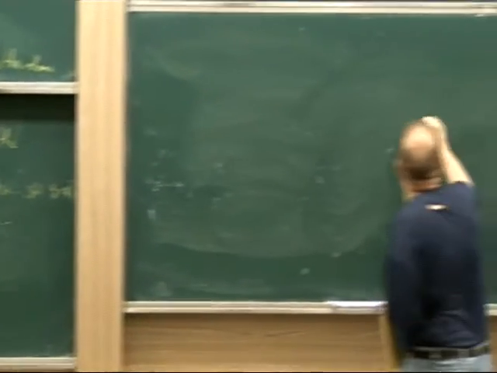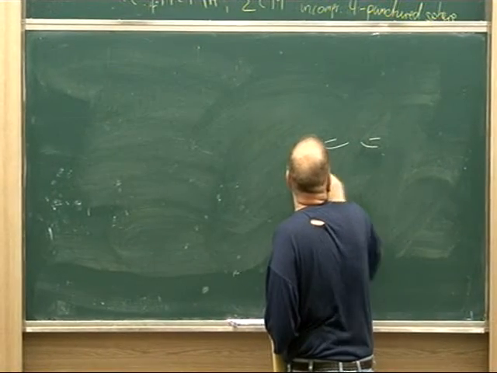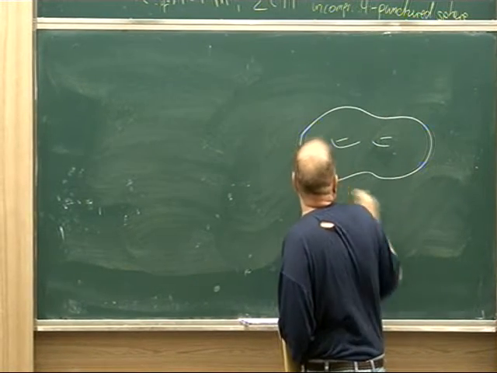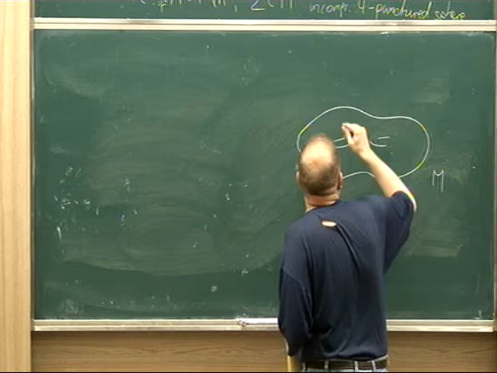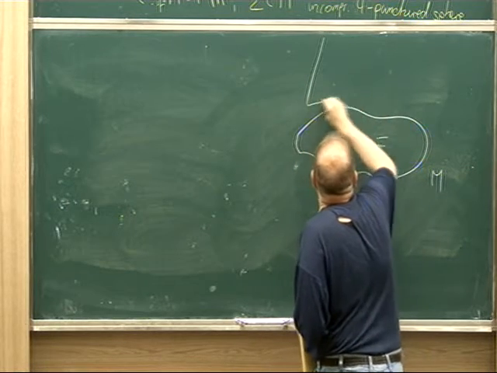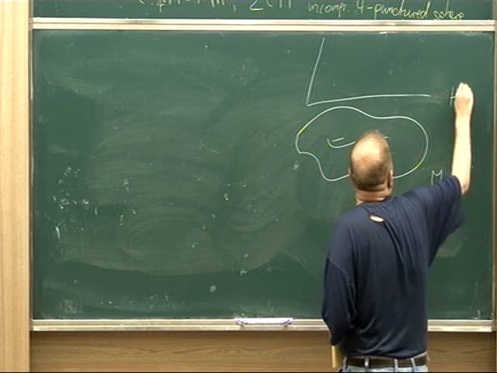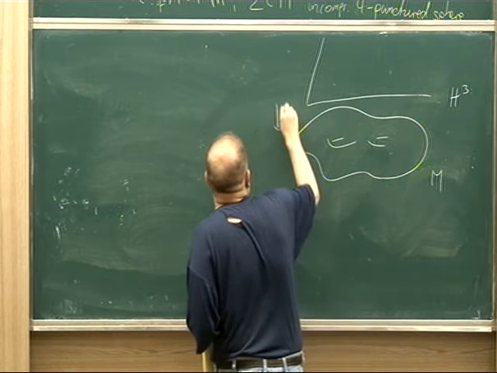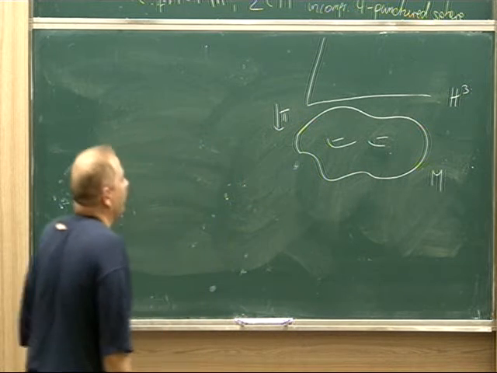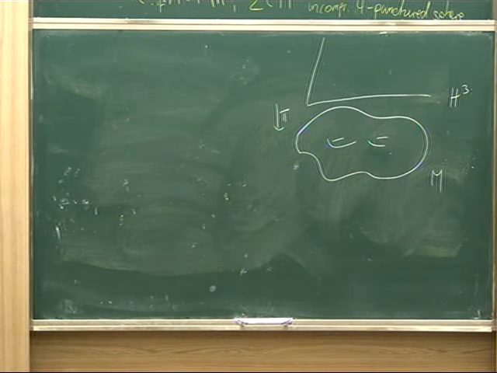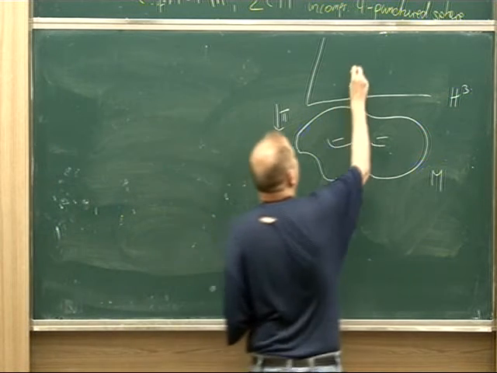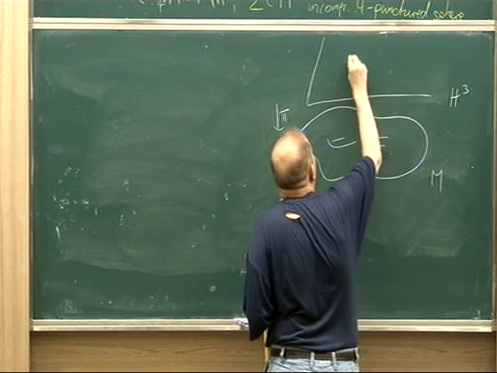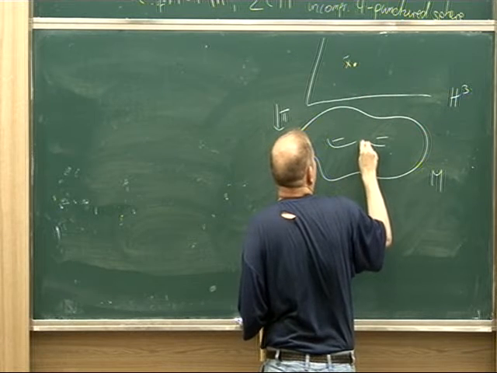We have our manifold M. Let's make a two-dimensional picture for simplicity. We have the universal cover, and we have the covering map π. Let us fix some point x here and its image here.